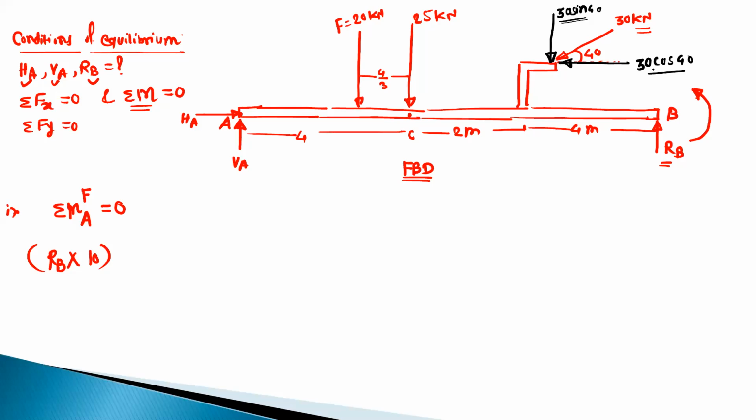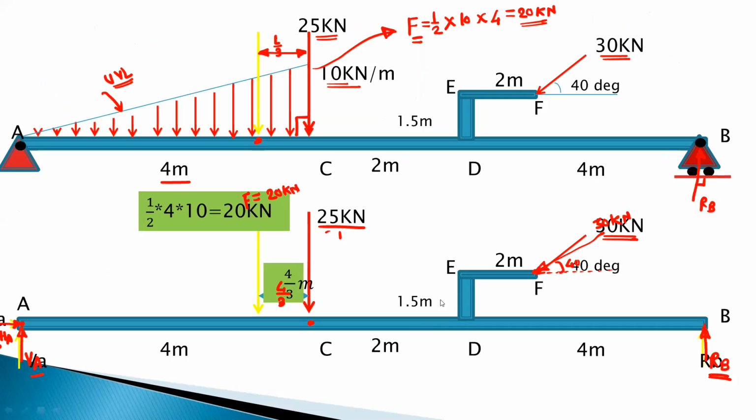So what is the perpendicular distance for 30 cos 40? So this is the perpendicular distance with respect to point A. Because if you extend this line of action, so this will be the perpendicular distance for 30 cos 40. Okay. And this is equal to this length. And that is equal to 1.5 meter.